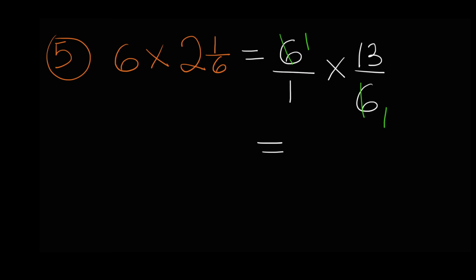So that means that I can go ahead to say that 1 times 13 is 13 over 1 times 1 is 1. 13 over 1 is 13. So my final answer is 13. Very easy. I'm sure it is easy for you guys right now.